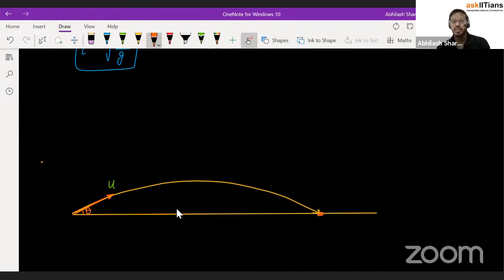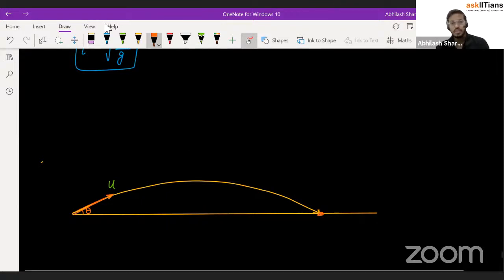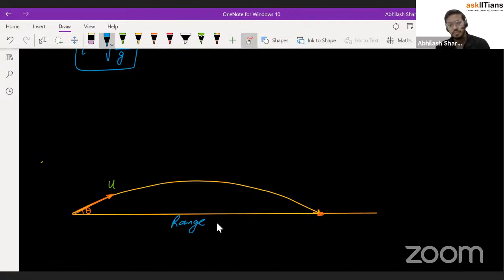So how do we define the range of the missile or the rocket? We define the range as how far away it can hit a target. This is defined as the range. There is a maximum height to which the missile actually rises up from the ground. Here I can see this is the maximum height, Hmax.